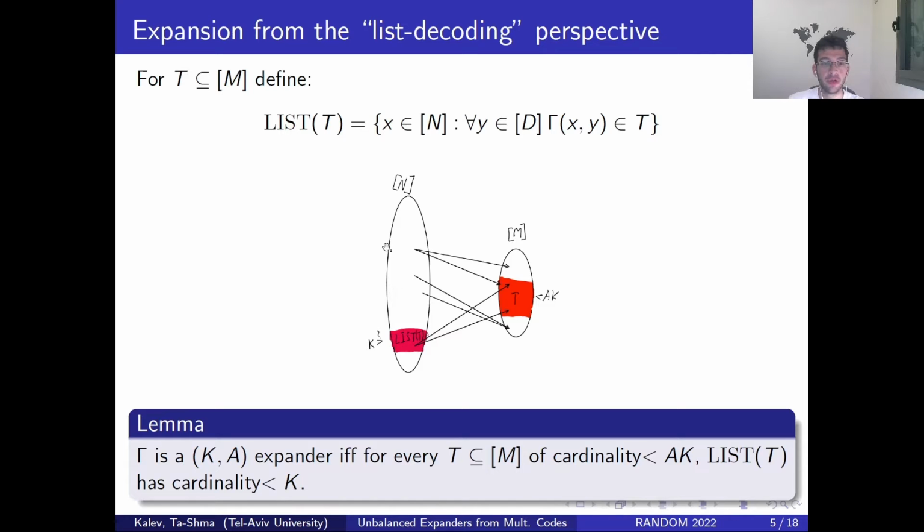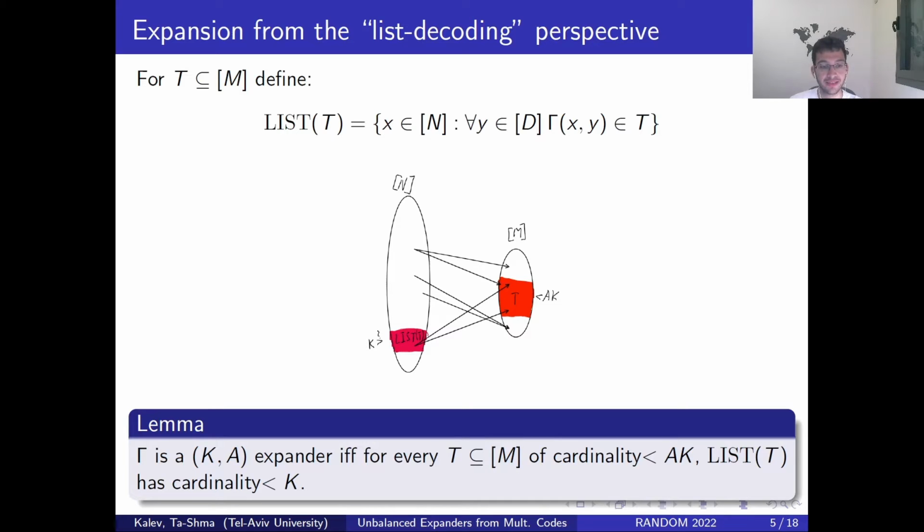If in the definition we take a set of left vertices and wish to show that it expands to the right, here what we wish to do is take a set of right vertices and show that its list size is small, where the list of some set T of right vertices is the set of all left vertices whose neighbors all fall into the set T.